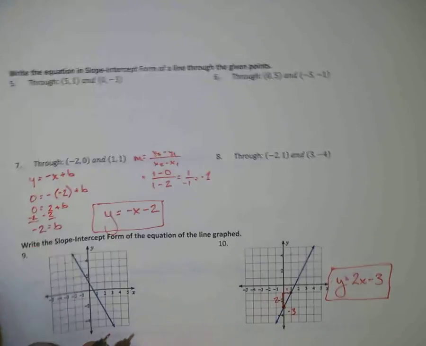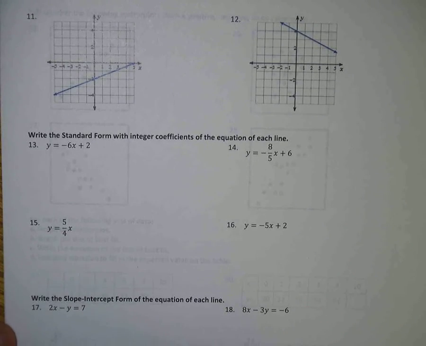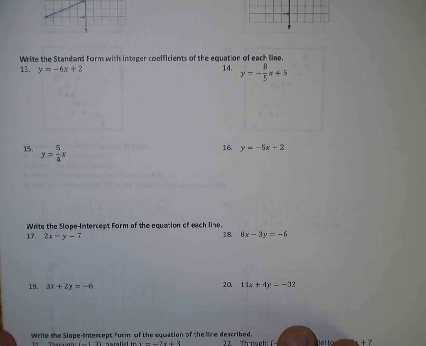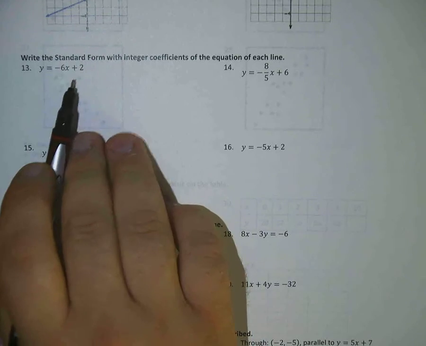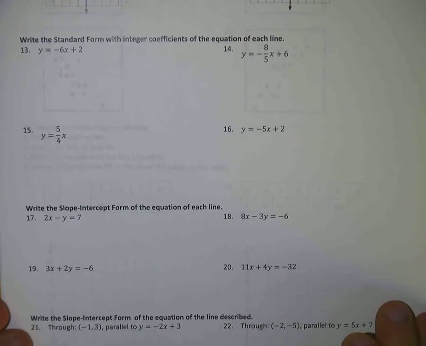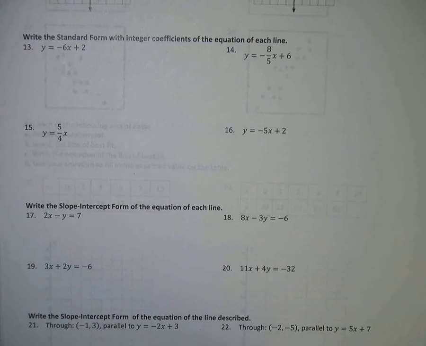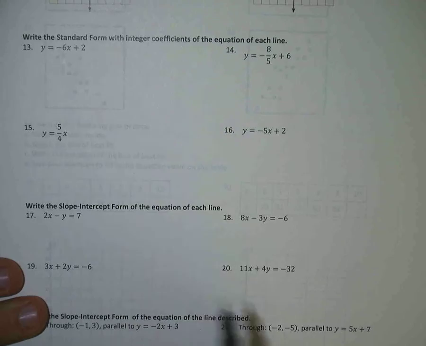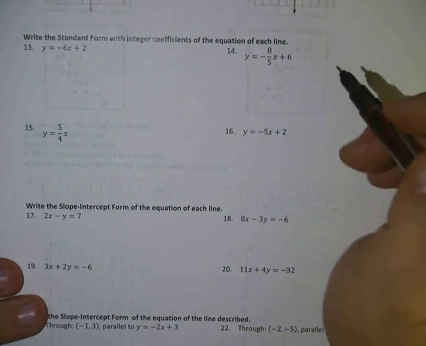All right, go ahead and turn the page. The top 2 problems are just like the ones that we just did. Let's go ahead and look at the next part. It says write in standard form with integer coefficients. So here we're talking about converting line forms. Let's look at number 14 here.